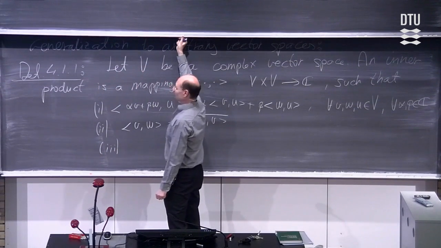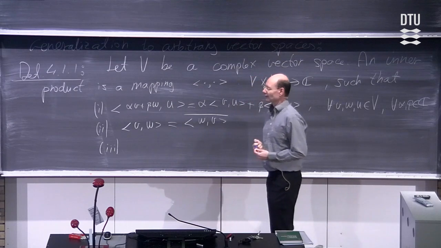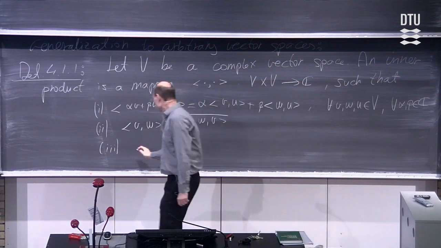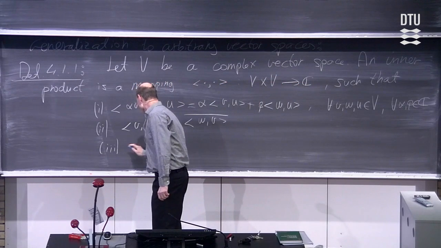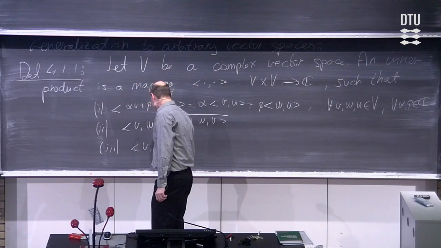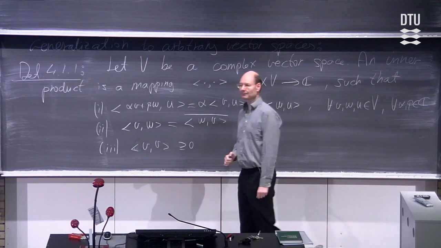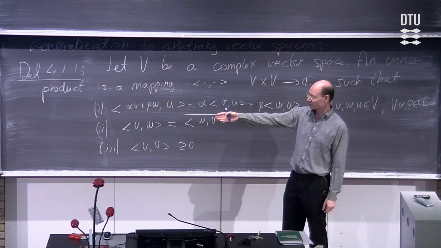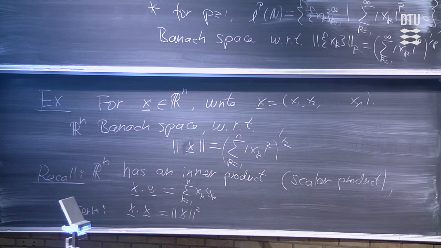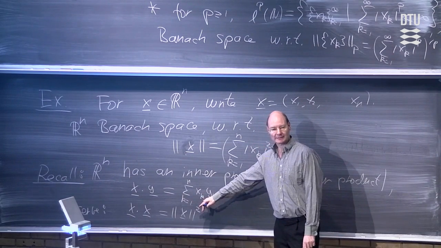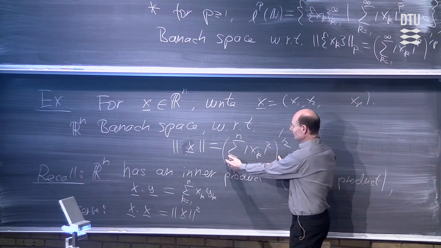The third one is not something you have really thought about in the setting of Rn, but we'll see the role of it very soon. So what it says is that the inner product of v with itself is always a non-negative number. This is of course a property that you know from this situation, because the inner product is equal to the sum of xk times xk, which is the expression we have here.